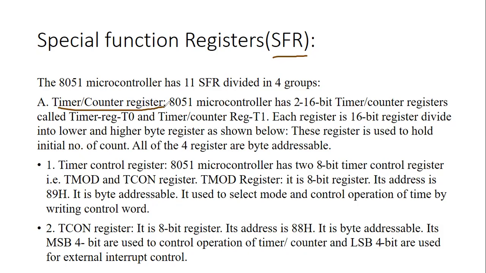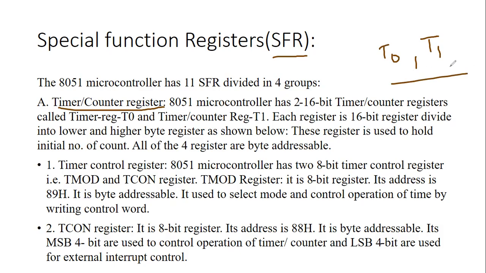The 8051 microcontroller has two 16-bit timer counter registers. What do we call them? We simply call them T0 and T1. These are the two timers of the 8051 microcontroller.